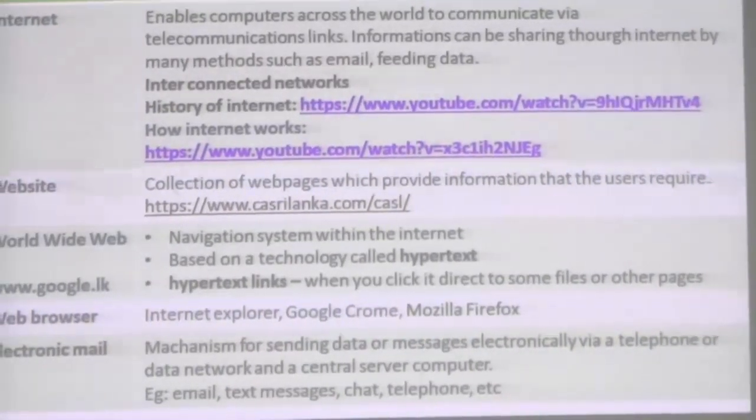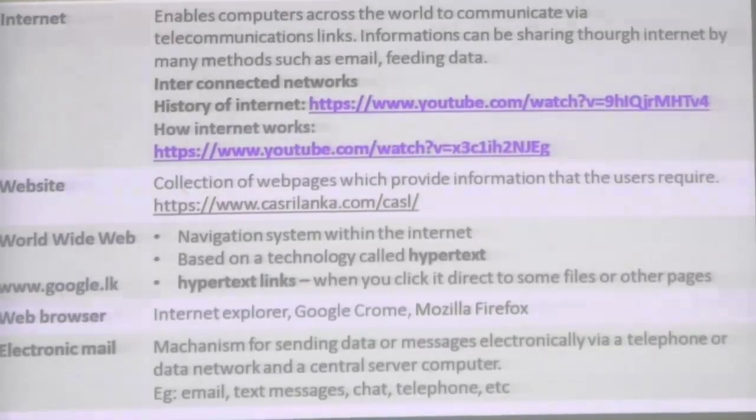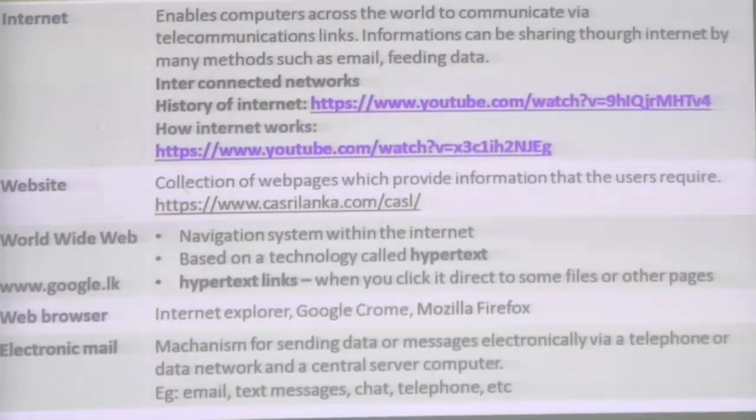But now email is used, text messages, chat, and telephone, from which you call a person in Australia from Sri Lanka. So it is electronic calling, because all these telephone networks are interconnected.